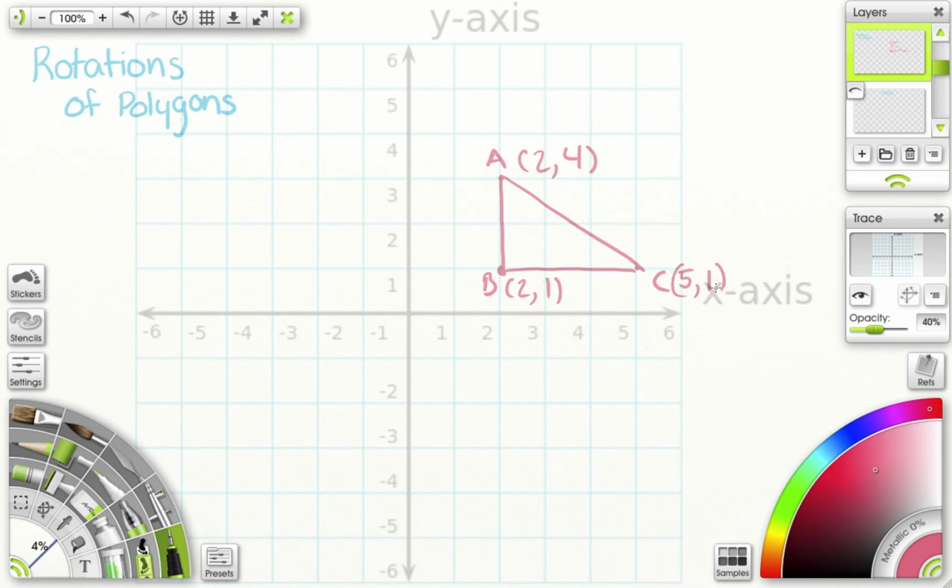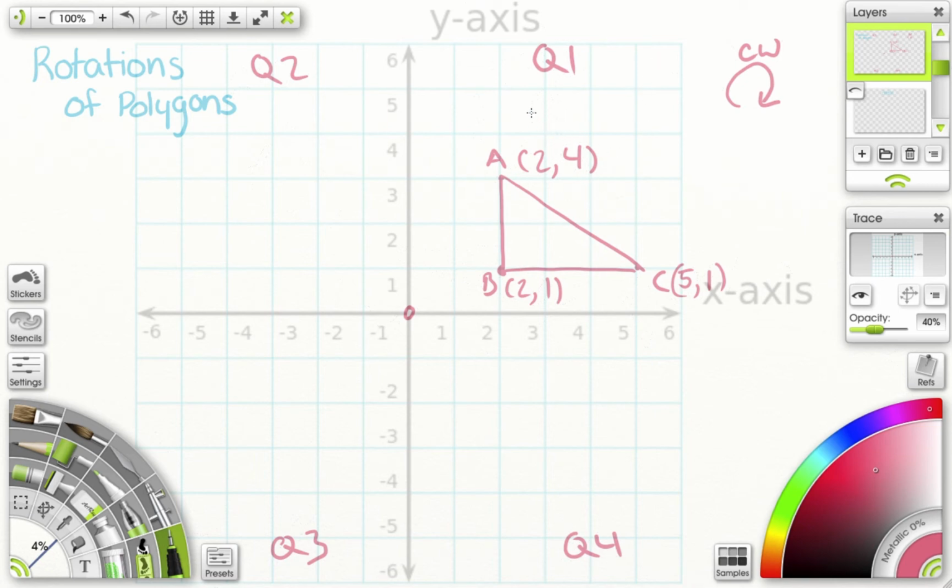Now to do a rotation, I'm going to do one of each rotation. We're always going about the origin, so that's our center point. So let's do a 90-degree rotation starting off, and we're going to go clockwise. So quadrant 1, quadrant 2, quadrant 3, and quadrant 4. All right, so 90-degree rotation. What do we do with individual points? Well, if it's a 90 or 270-degree rotation, we know that we have to switch these digits around.